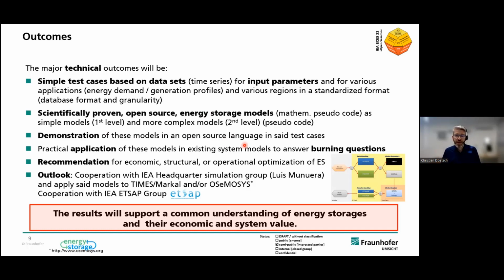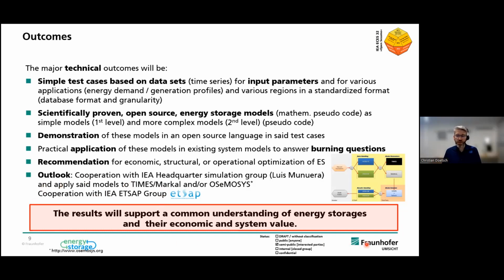And we have here some exchange or cooperation with the IEA headquarters. It was now the follow-up from Luis Munera, the former person. We have the cooperation with the TIMES-MARKAL group from the ETSAP group. And so we try to get the best out of this cooperation.